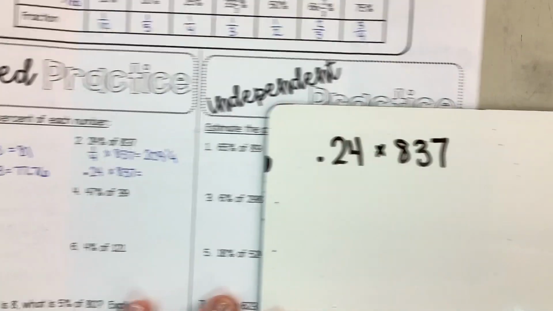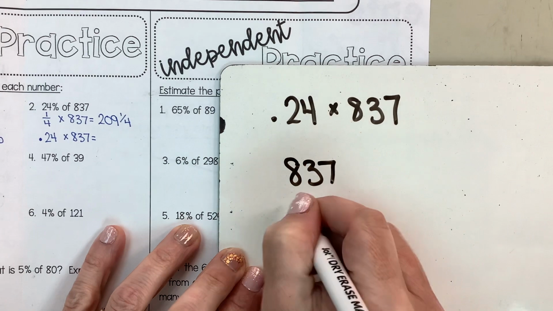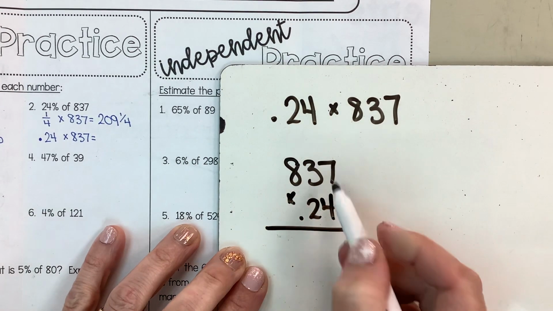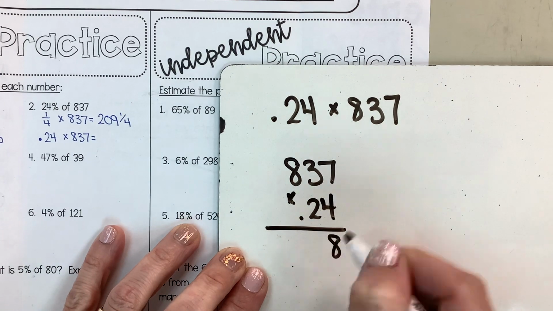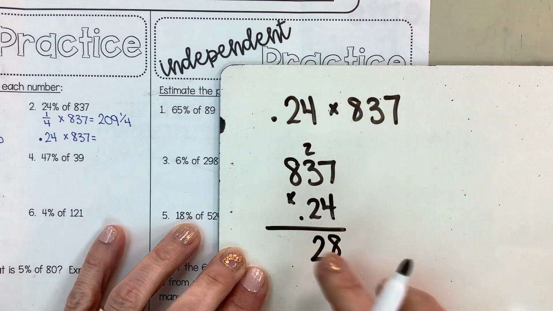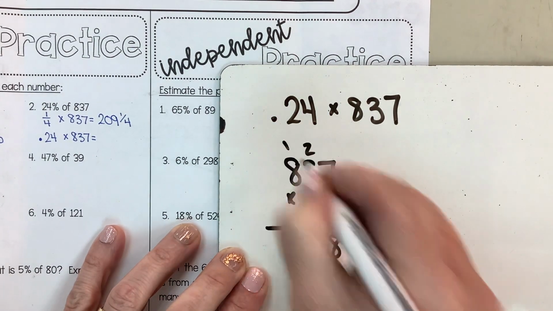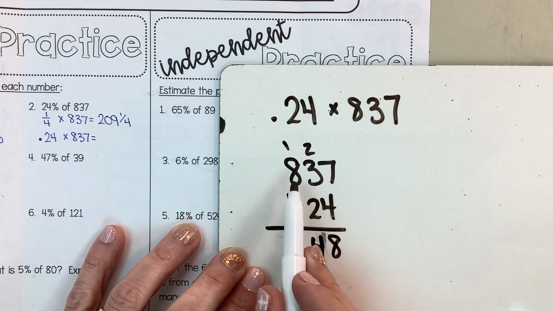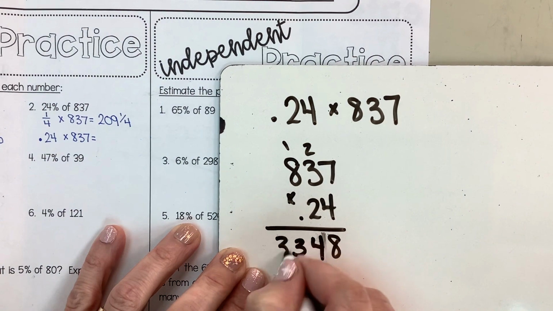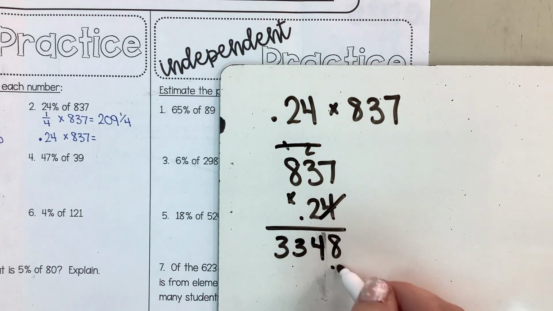We're going to put the bigger one, the one that has more digits, on top. So the 24 hundredths is going to go underneath. 7 times 4 is 28, carry your 2. 3 times 4 is 12. Oops, 12 plus 2 is 14, carry our 1. And 8 times 4 is 32, plus 1 is 33. So that's our first partial.